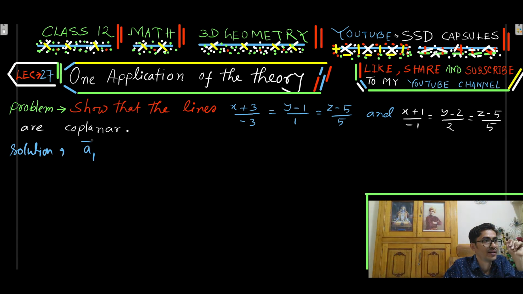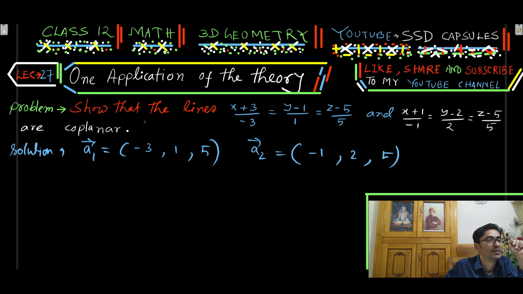So A1 vector equals the components minus 3, 1, 5. A2 vector equals minus 1, 2, 5. We are just writing the components.